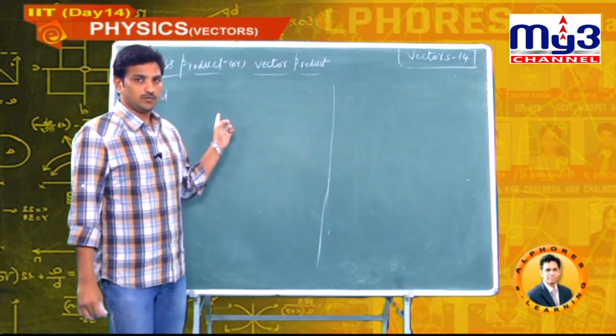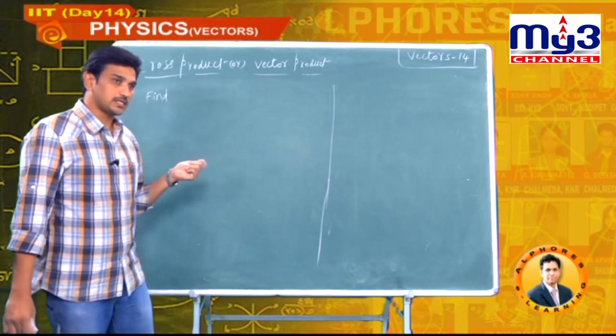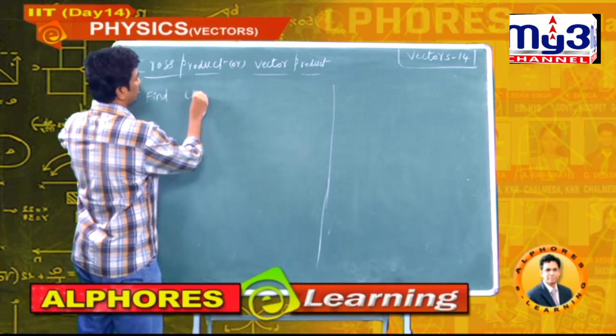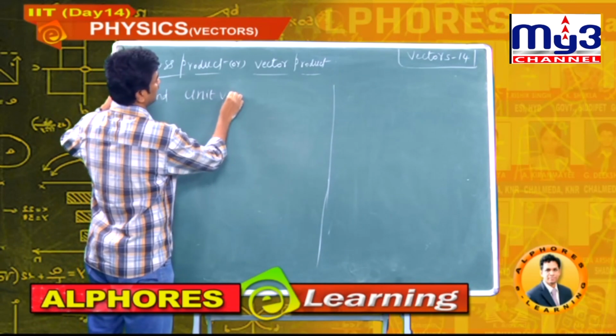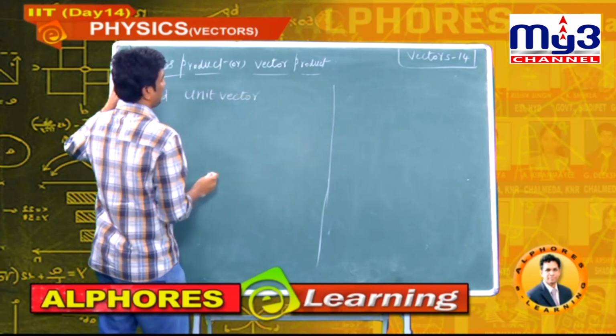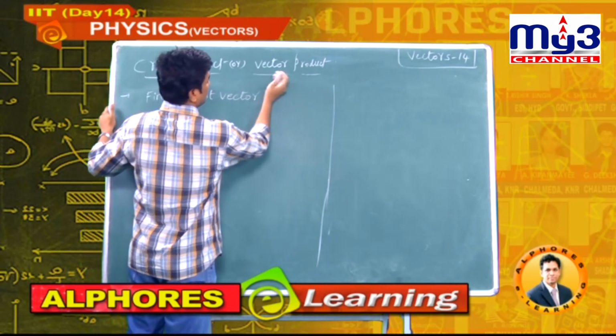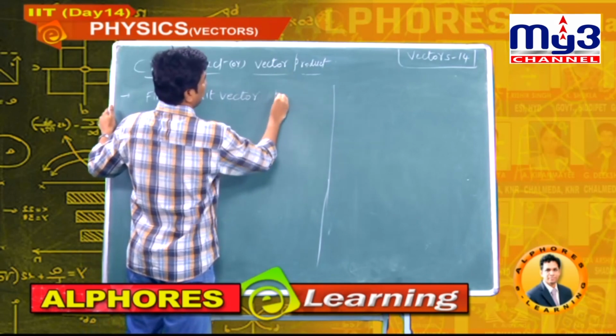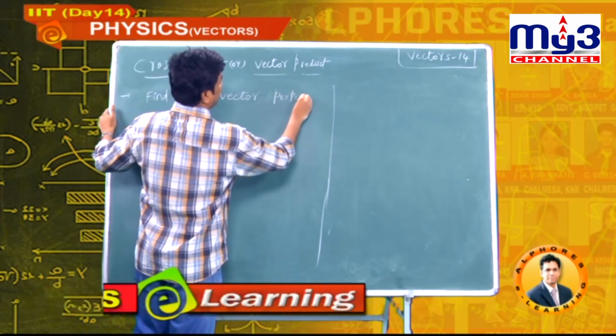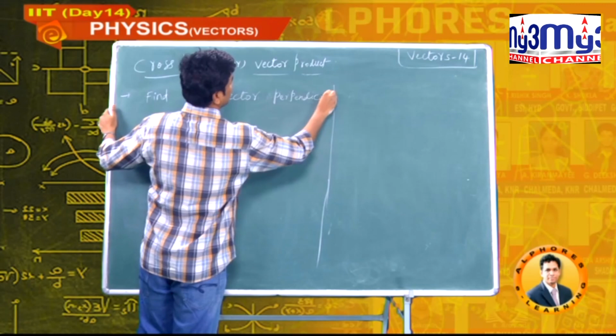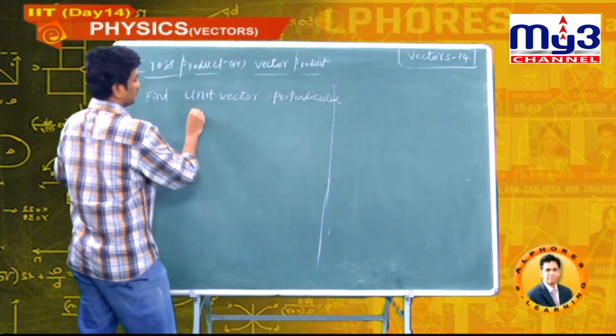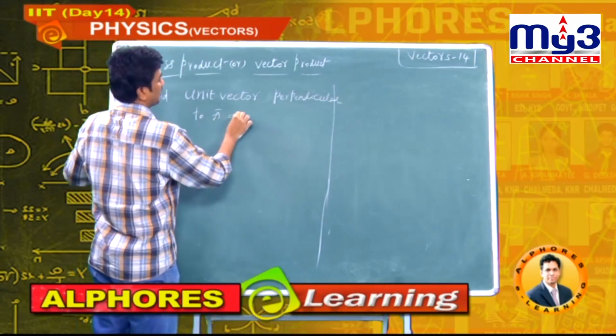See here, one more question, how they will ask you. Find the unit vector perpendicular to A bar and B bar.